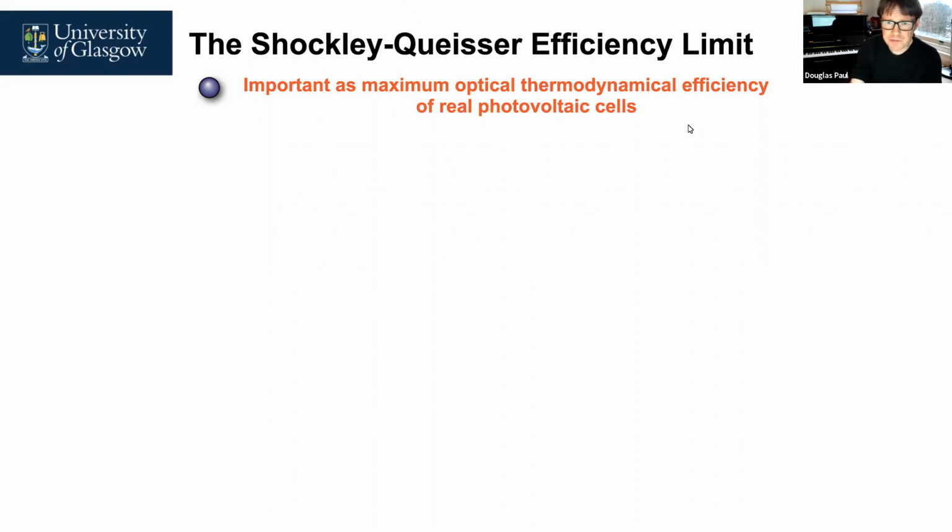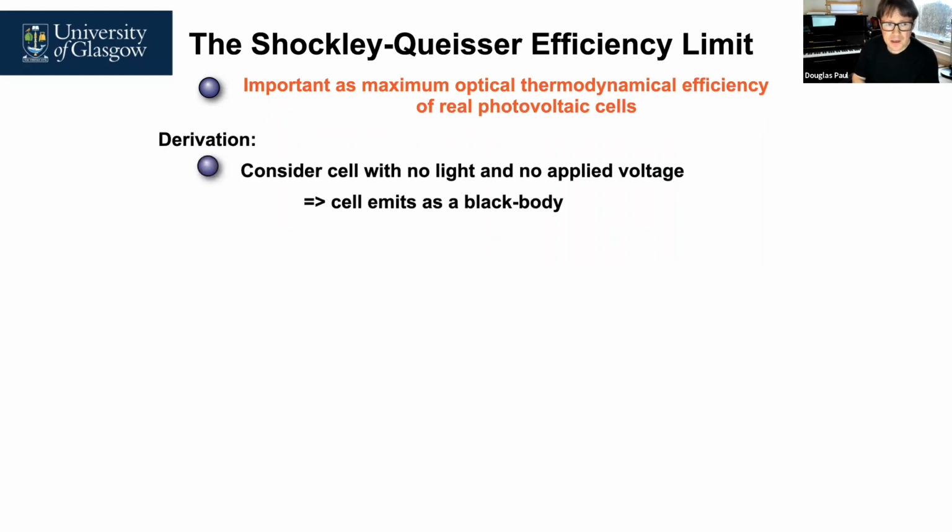So it's important because it really is the maximum you can get out of one semiconductor material in a real photovoltaic cell as it's used. So it considers a cell with no light and no applied voltage. It assumes that the cell emits as a black body.